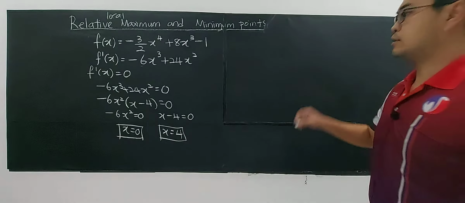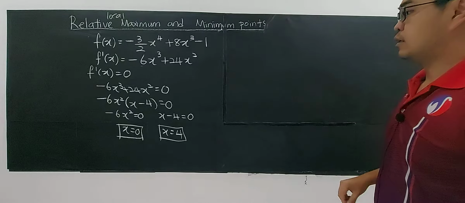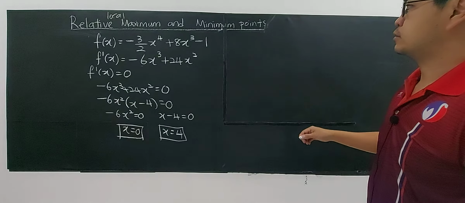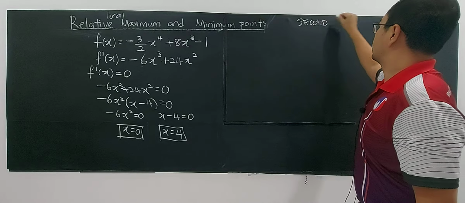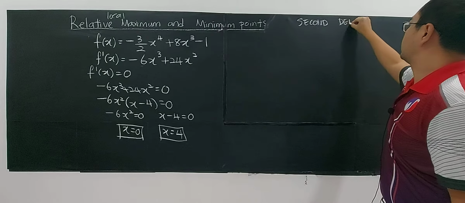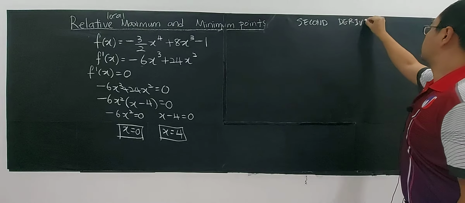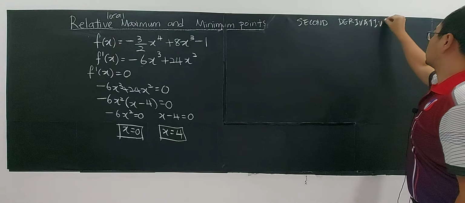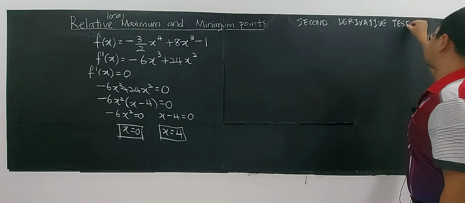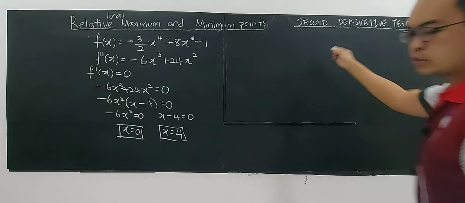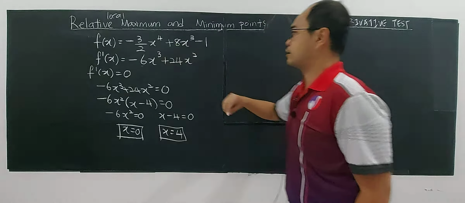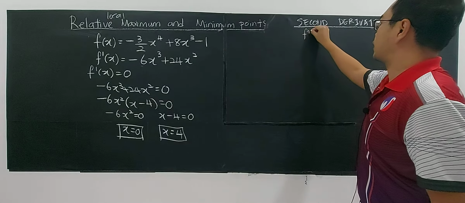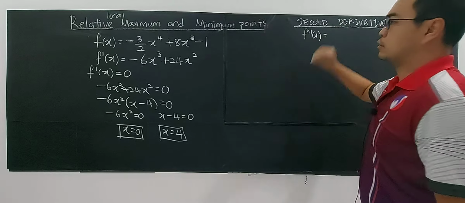So for this case, I'm going to use the second derivative test. As you know, in the previous video, I have already explained the second derivative test. So I have to differentiate for the second time. So I have f double prime x.